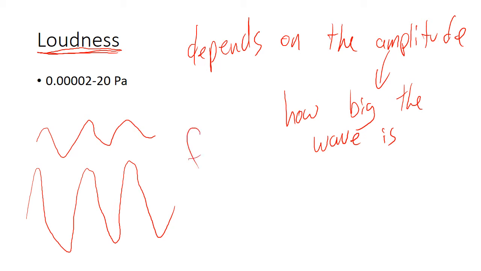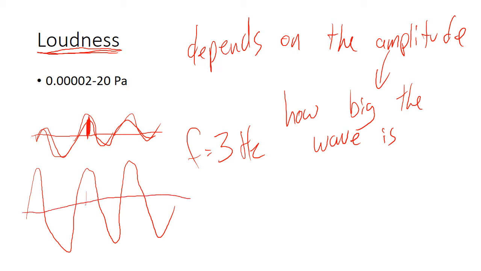They both have 1, 2, 3. They both have a frequency of 3 hertz, but they have way different amplitudes. If we draw a line down the middle, this one has an amplitude of this much, whereas this one has an amplitude that's way bigger.